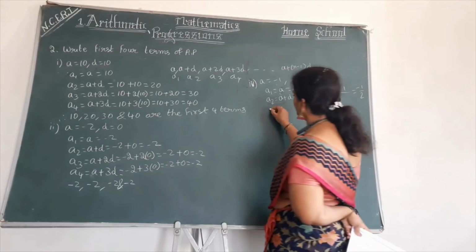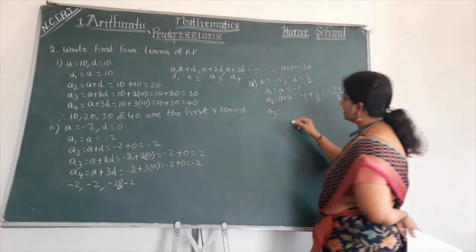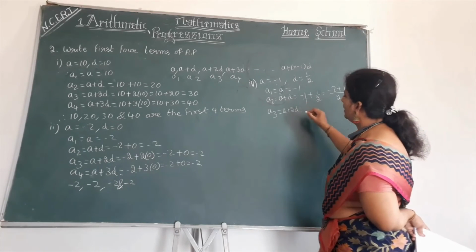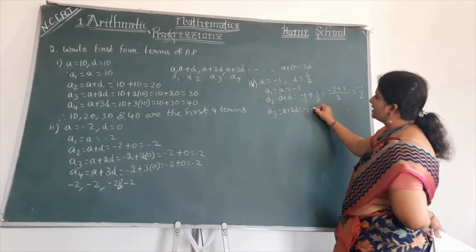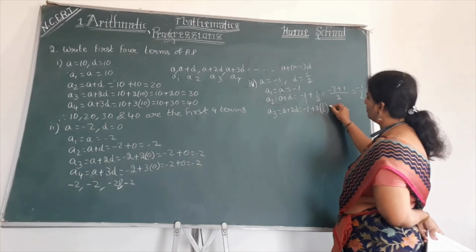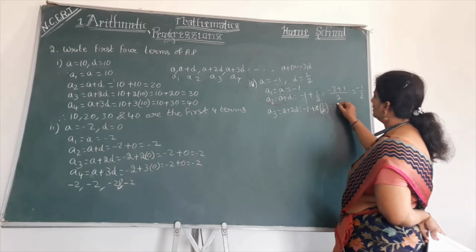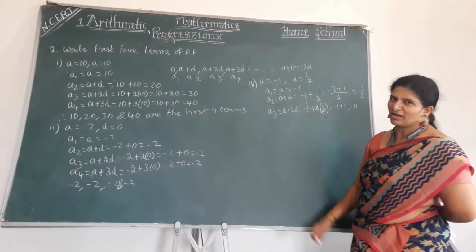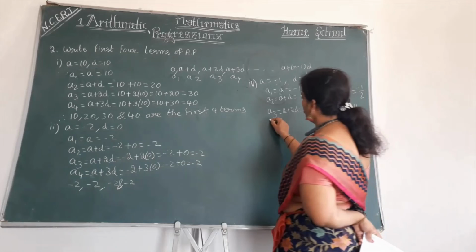Let's check out others. A3 is equal to what? A plus 2D. A value is -1 plus 2D, 2 into 1 by 2. 2 cancel. -1 plus 1 will be how much? 0.